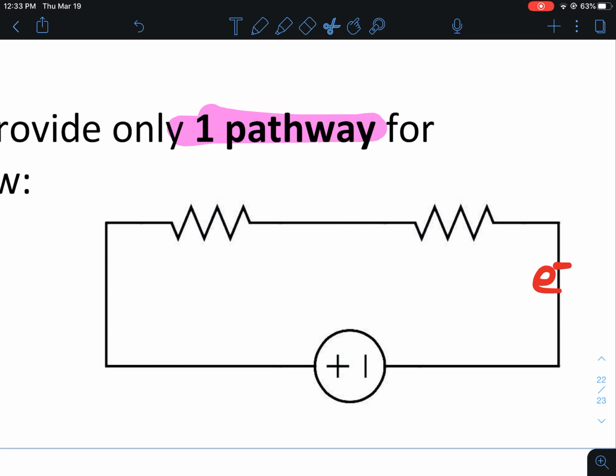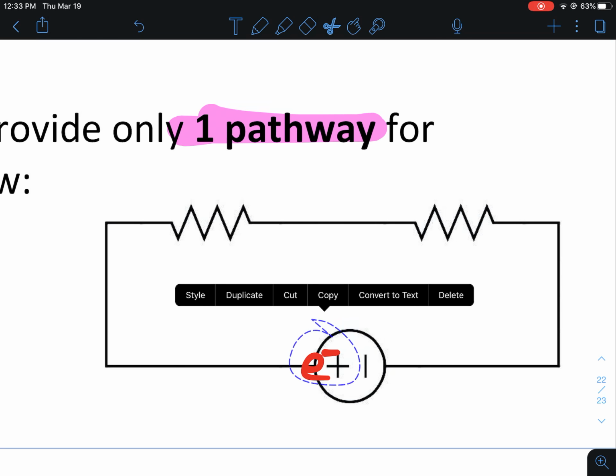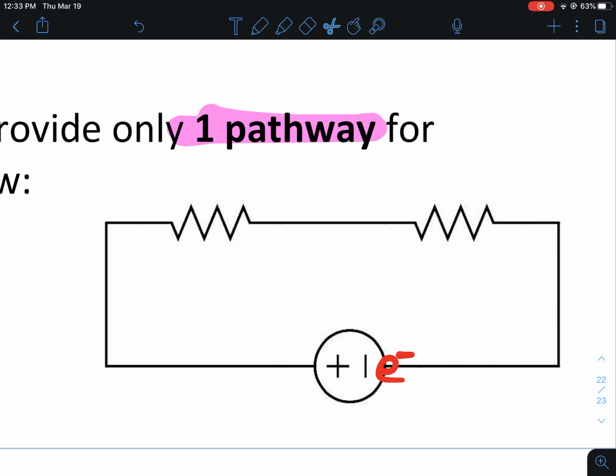Notice the wires are at right angles. He gets to this resistor. He has to give potential energy to that resistor. So this could be a light bulb. He could be lighting up that light bulb. And then whatever voltage is not lost to that resistor carries on, and what's left has to go through the other resistor, and then it goes back to the battery terminal, and that completes the circuit. And then the reaction continues to go.